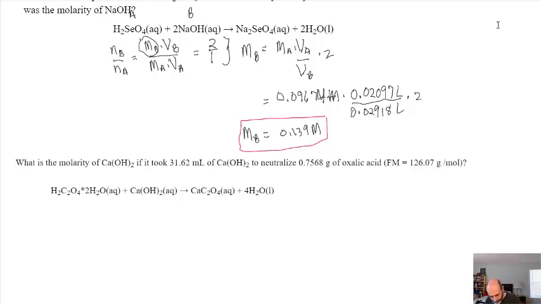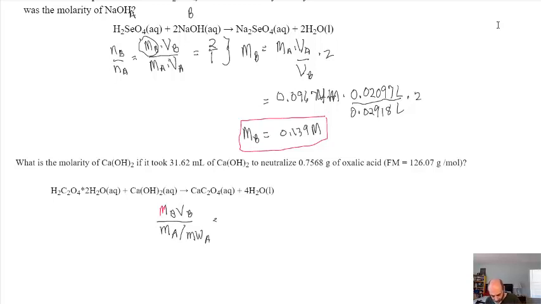The top part's going to be exactly the same, molarity of the base times volume of the base equals the mass of the acid divided by the molecular weight of the acid equals the ratio of the stoichiometric coefficients.